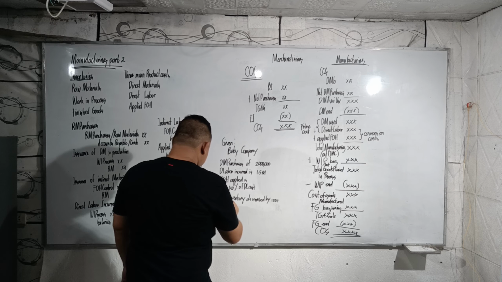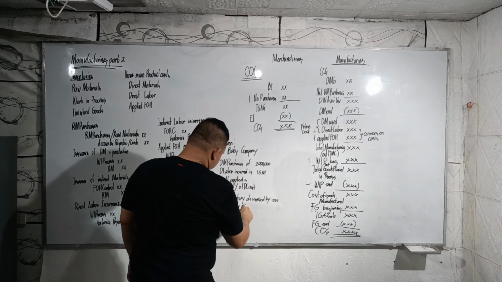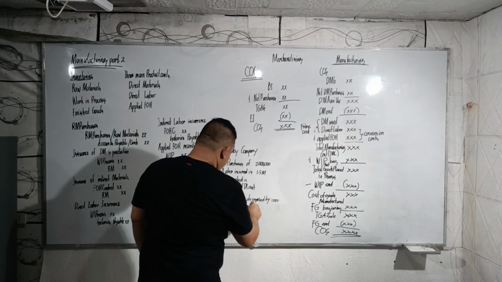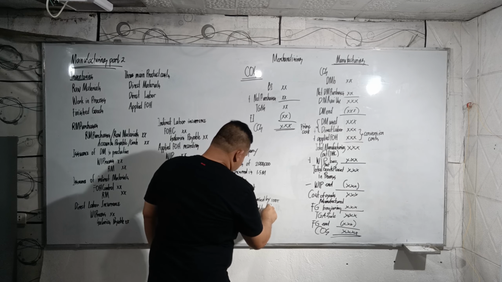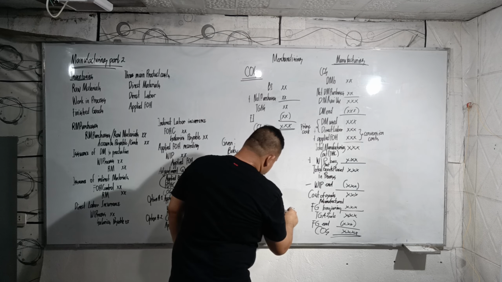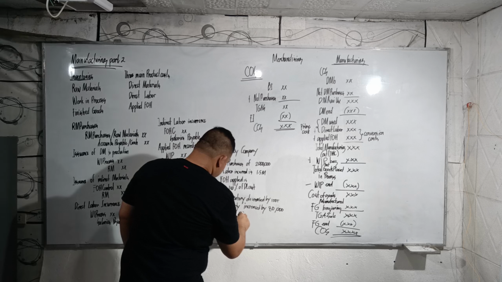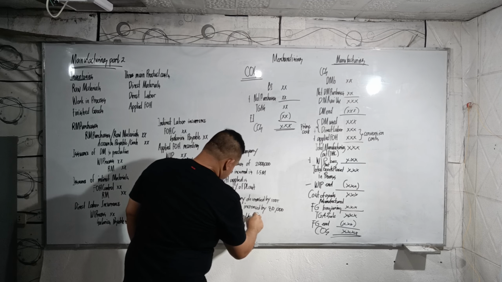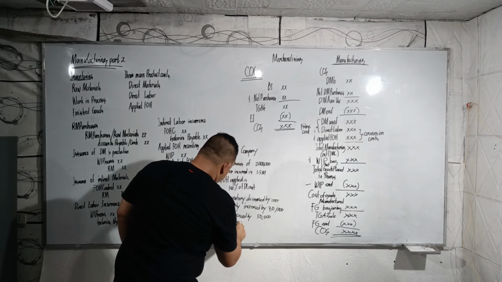Work in process inventory increased by 80,000. Finished goods increased by 50,000. And then you'll be asked how much is the cost of sales for the period.